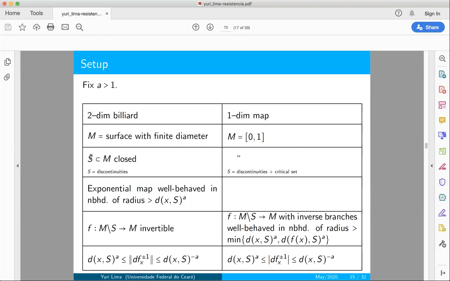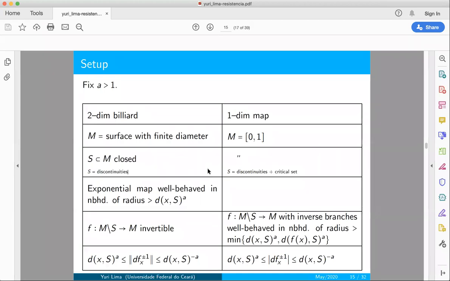So in the context of billiards, this will be given by those grazing trajectories and also by the possible breakpoints that you have in the boundary. So whenever two obstacles intersect, their intersection might give rise to a breakpoint, which is a point in which the curvature in the boundary is no longer C2. So putting these two possible phenomena together, we consider this set as the set of discontinuities.